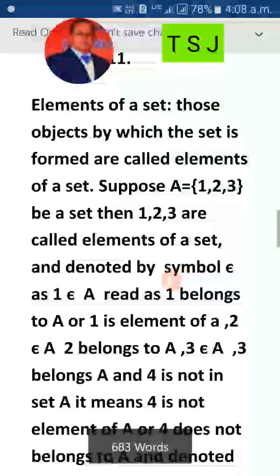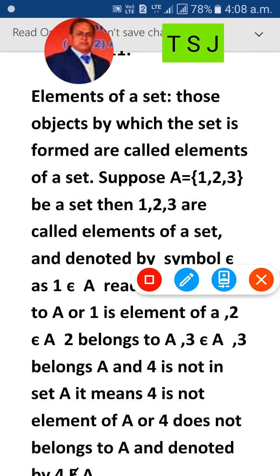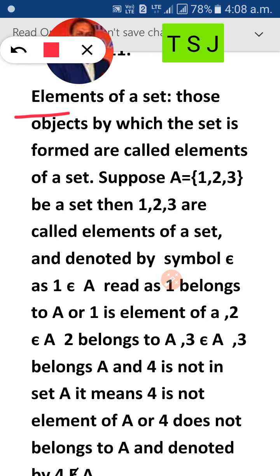Now the next topic is the elements of sets. Those objects by which the set is formed are called elements of the set. Just suppose A equal to 1, 2, 3. Here this set is formed by the numbers 1, 2 and 3.